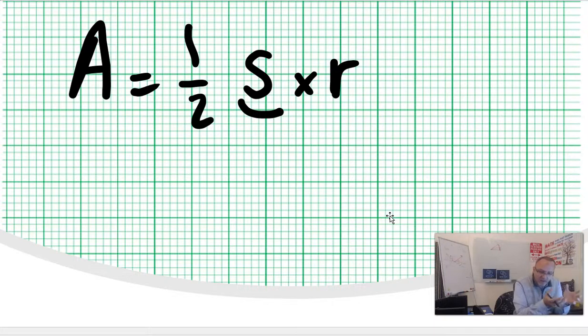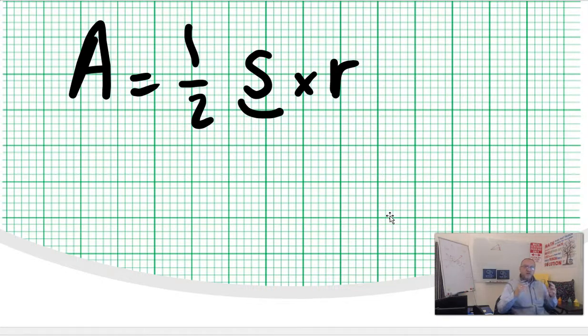Let's say you have a small cone inside a big cone. Can you say the volume of the small cone divided by the volume of the larger cone is proportional to the height of the small cone divided by the height of the large cone? Yes, you can. And we're going to do the same thing here.